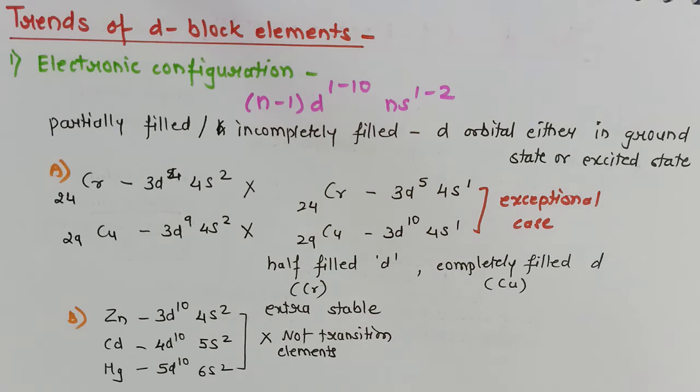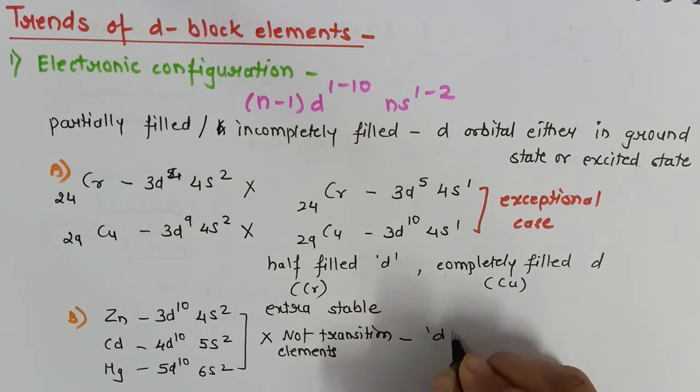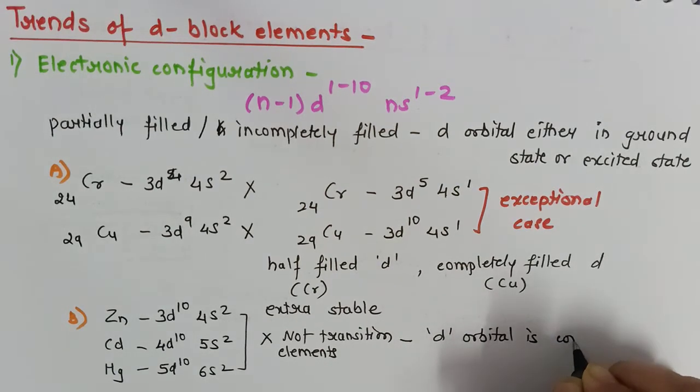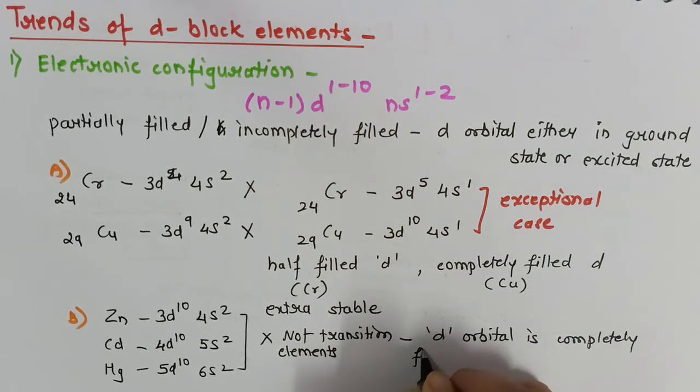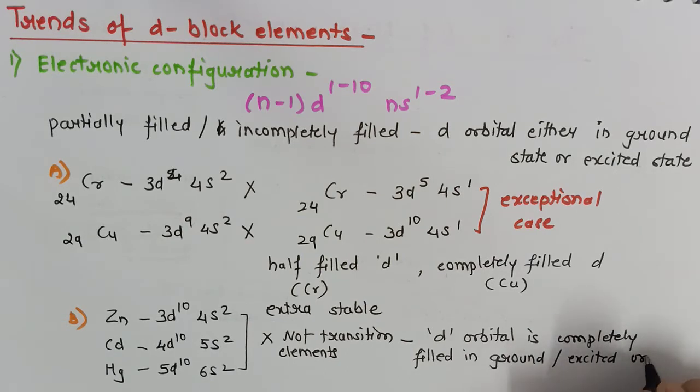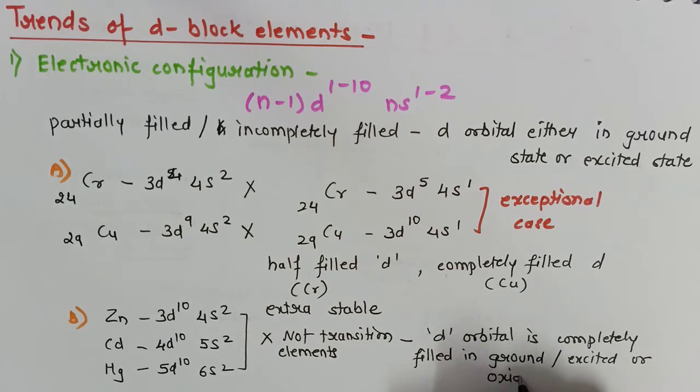So why are zinc, cadmium and mercury not considered as transition elements? Because their d orbital is completely filled in ground state as well as excited state, or I will say in their oxidation state.